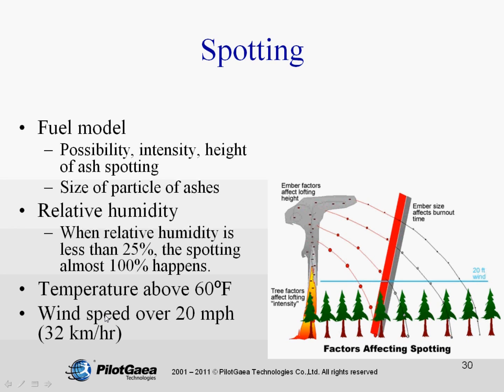When the temperature is above 60 degrees Fahrenheit or the wind speed is over 20 miles per hour, the spotting almost 100% happens. If the situation has been generated, the fire line intensity is hard to be estimated since the affecting factors become more complicated.